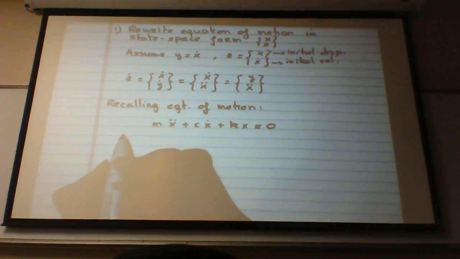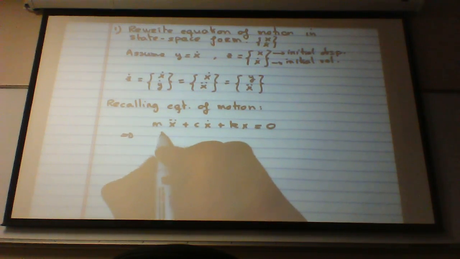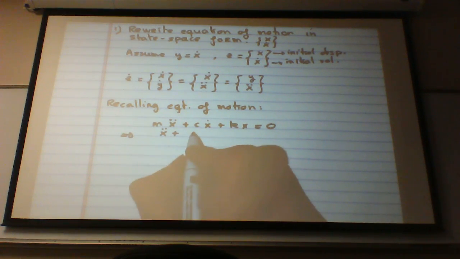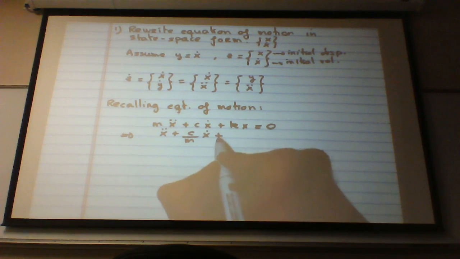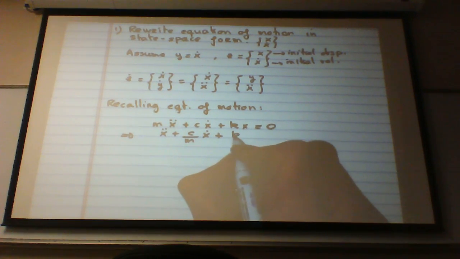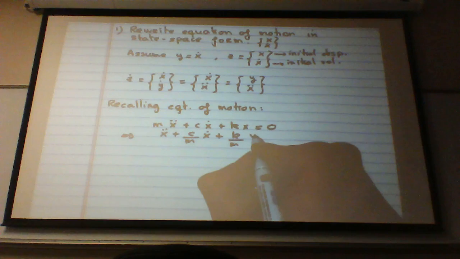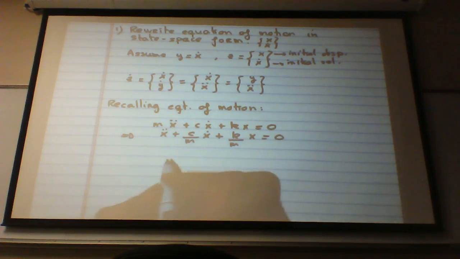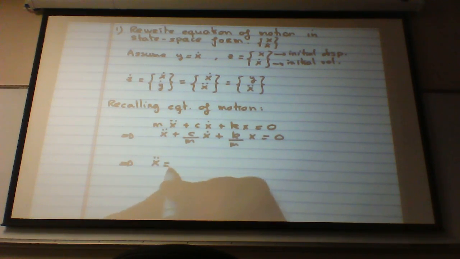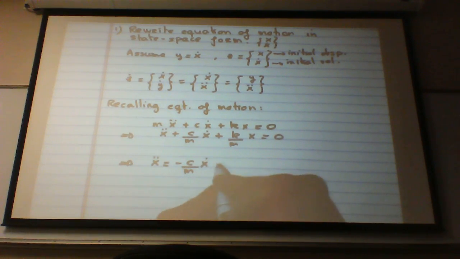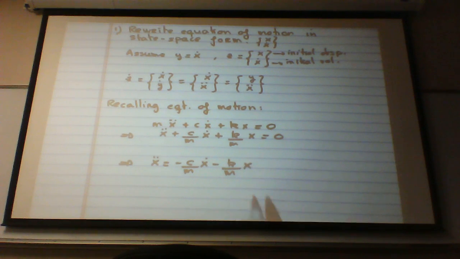This we can rewrite as x double dot plus c over m x dot plus k over m x equal to 0. What is more important over here is that x double dot will be equal to minus c over m x dot minus k over m x.